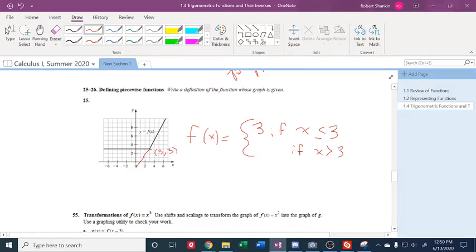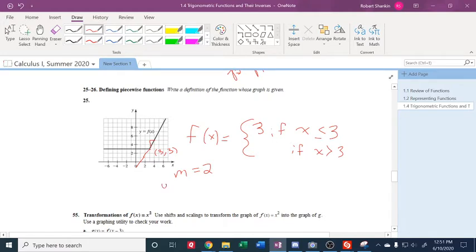Where is another place where this intersects at the grid lines? Right here. And you're going to rise 2 and run 1 from that. Rising 2, run 1 is a slope of 2.